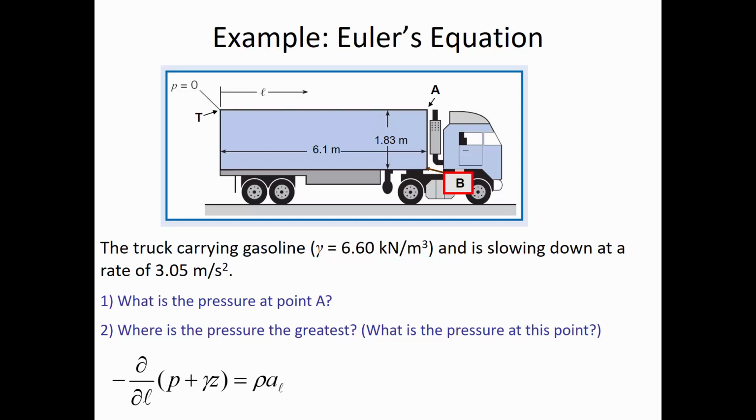The gasoline is moving to the right, and it wants to continue moving to the right, but the truck is slowing down, so the truck is pushing the gasoline to the left to slow it down. So if the acceleration is to the left, then the pressure increase is in the opposite direction. So the pressure is increasing to the right. That's a general rule that you can write down and always keep in mind: the pressure increases in the opposite direction of acceleration.